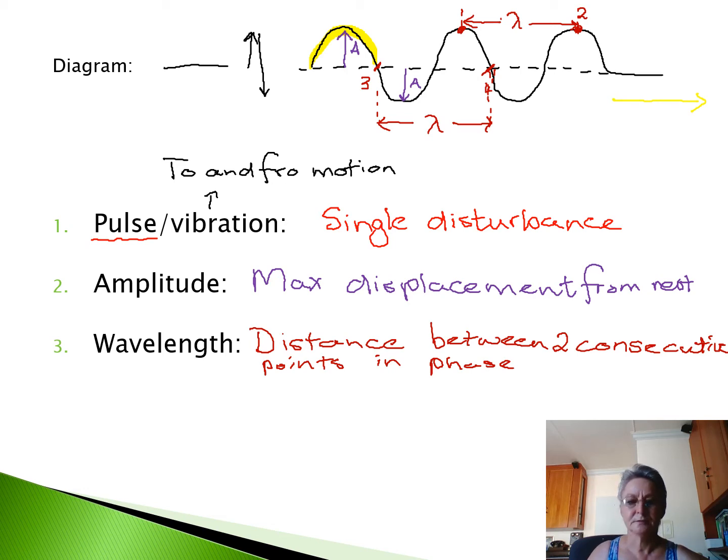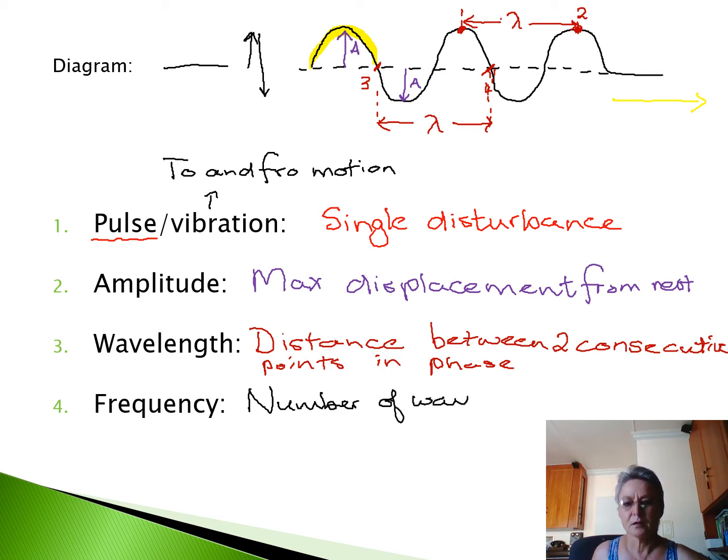Right, next one is the frequency. Now, frequency is, per definition, number of waves per second. So let's look at our example in the diagram.